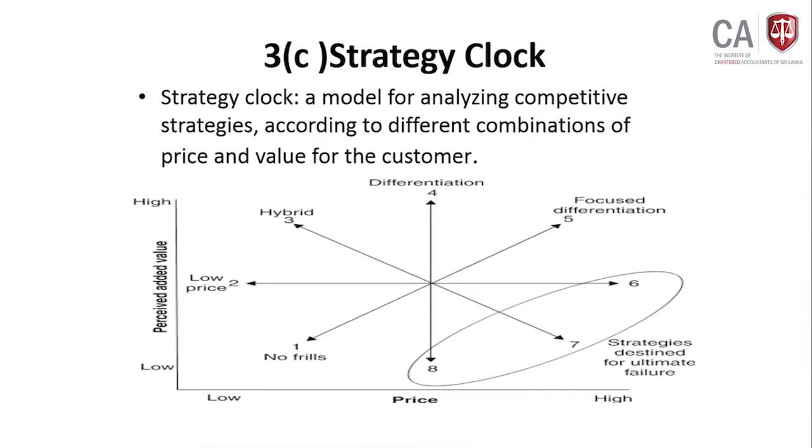Then 6, 7, 8. If you look at the 6, 7, 8 strategies, those are failure strategies. Why do we identify them as failure strategies? If you look at strategy 6, in there we are offering a medium level added value product at a higher price.